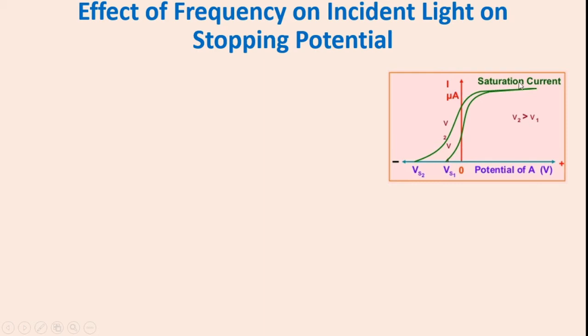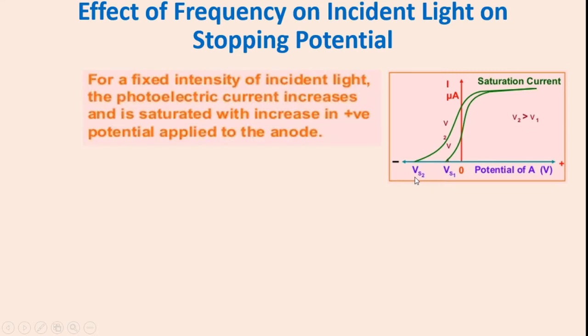The saturation current is constant, but due to the different frequency the stopping potentials are different. For a fixed intensity of incident light, the photoelectric current increases and is saturated with increase in positive potential. This is discussed in the previous slide.